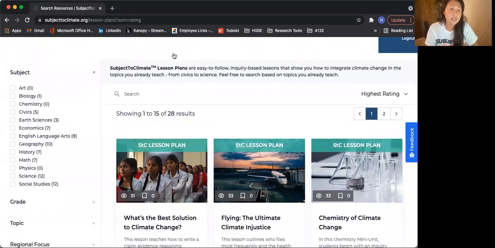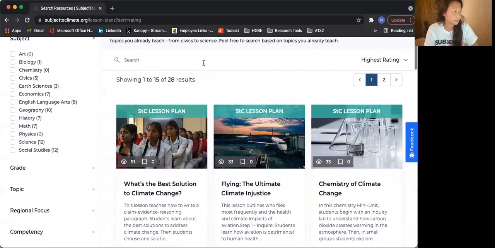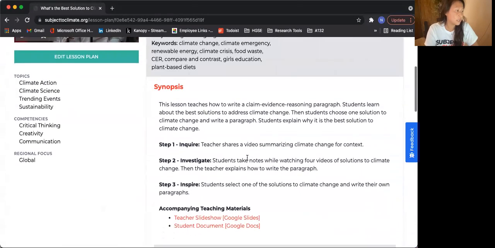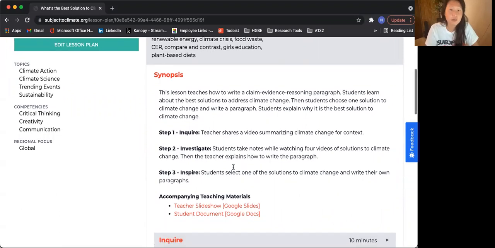These SCC lessons are perfect entry points. Each lesson has 3 steps: inquire, investigate, and inspire. The inspire section empowers students to take climate action. Teachers teach students to educate their communities, to write letters to their political leaders, to design programs to reduce waste.